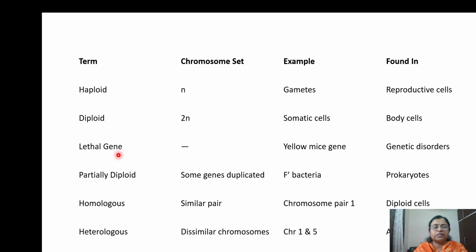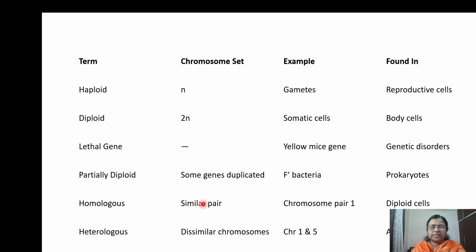Then lethal genes, yellow mice gene and genetic disorders. Partially diploid cell, here some genes are duplicated. So example is A plus bacteria found in the prokaryotes. Homologous means similar pair, homologous chromosome.